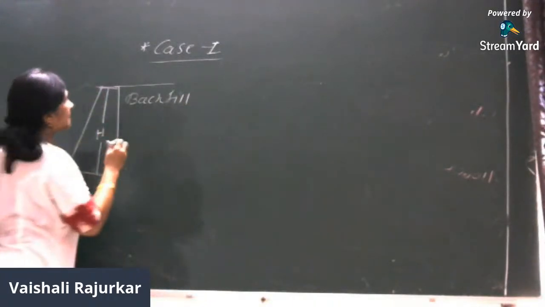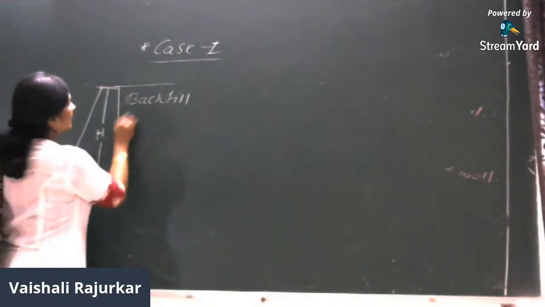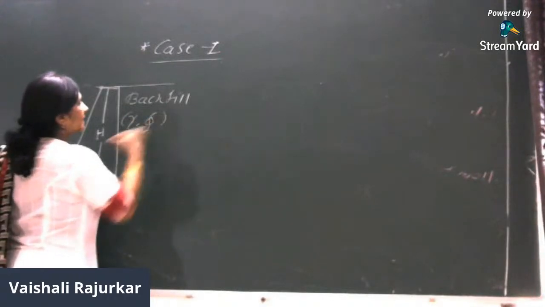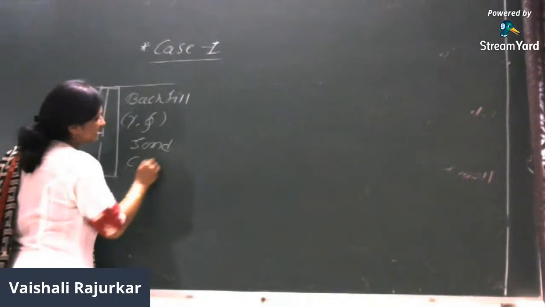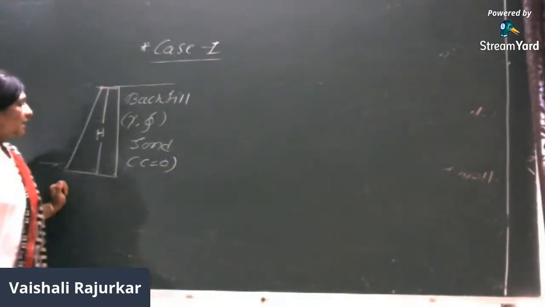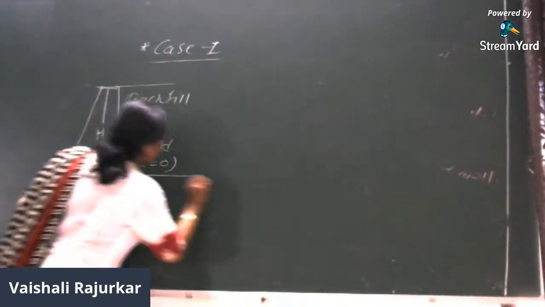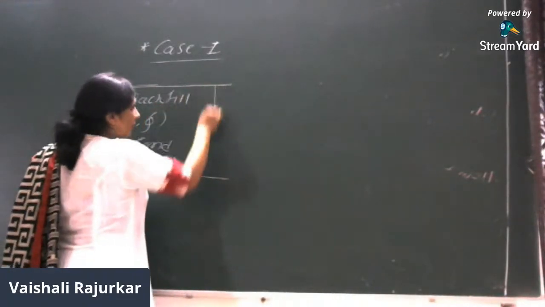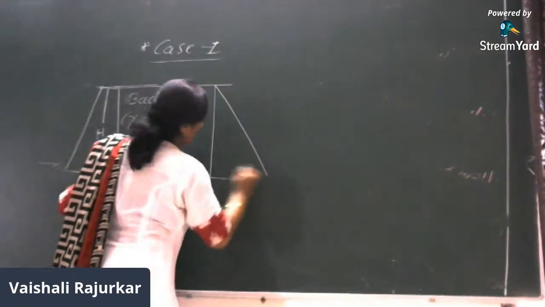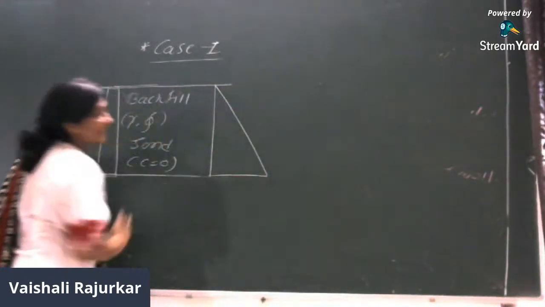This backfill is a dry cohesionless backfill where gamma and phi are the properties. Here it is considered as sand, therefore C is equal to 0, right? You can just assume that the pressure is 0 at the top and maximum at the bottom. So this case we have discussed right now.